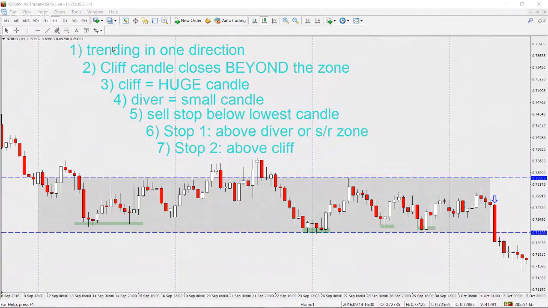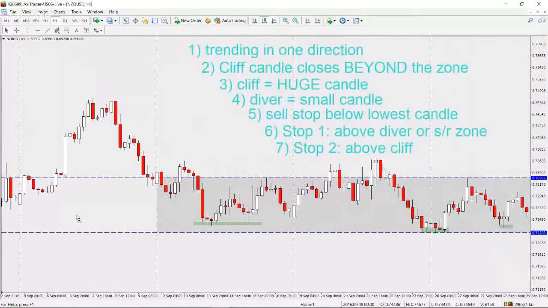So everyone's clear. It's trending in one direction. Of course, we did not have that in this case. That's probably the only thing that I would say we don't have on this list. The cliff closes well below all of these other recent closes, so it clearly breaches that zone. It's a massive candle. It's the biggest candle we've seen probably since maybe this candle, or even further back.